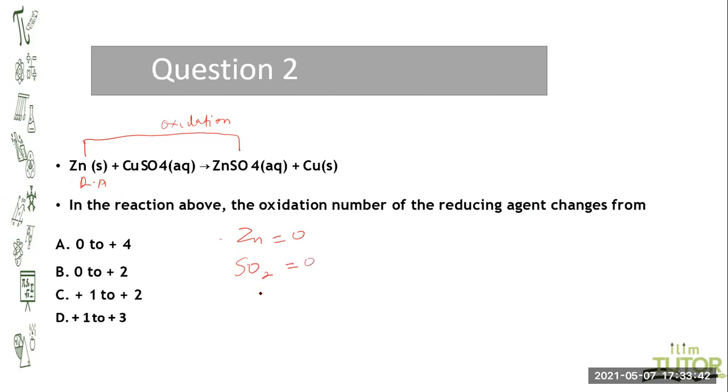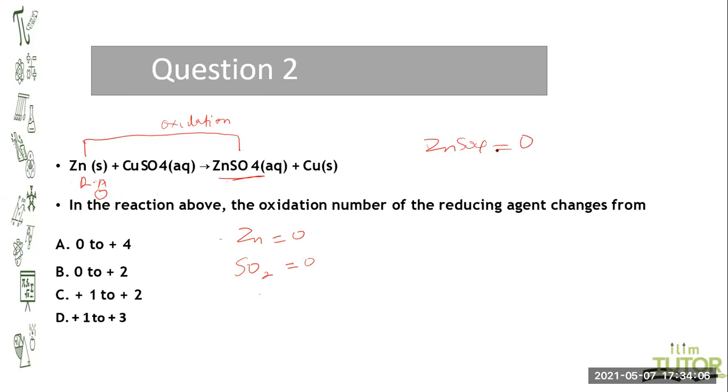Once there is no charge on it, it's 0. Okay? So we can say the oxidation state of zinc here is 0. Now, we must find the oxidation state of zinc here. Likewise, zinc sulfate, we have a total oxidation state of 0 since there is no charge on it.